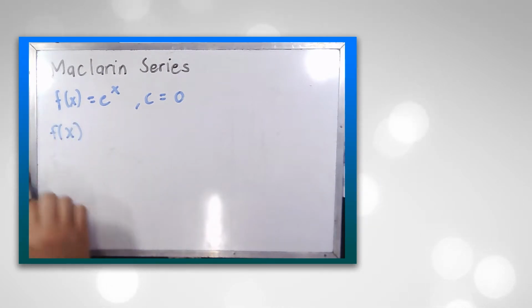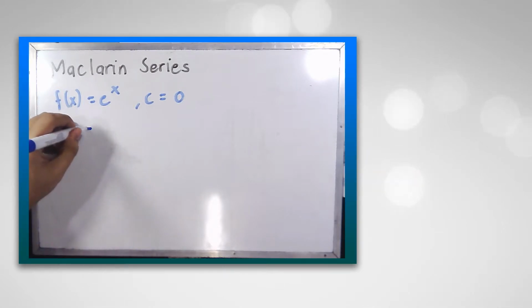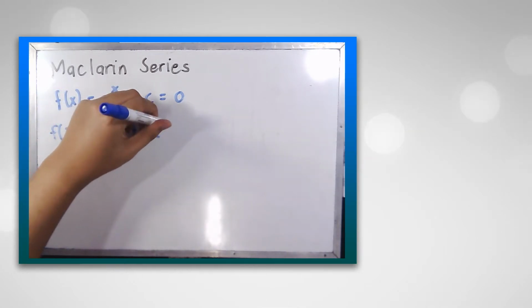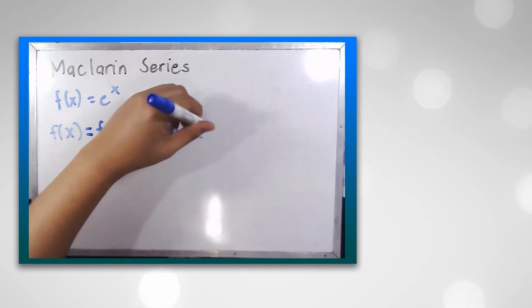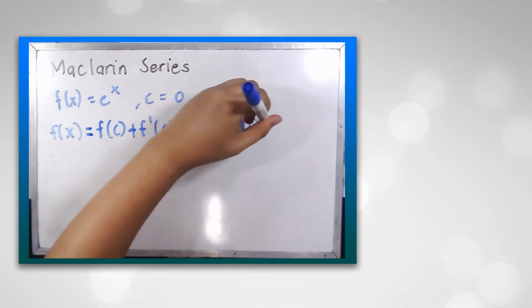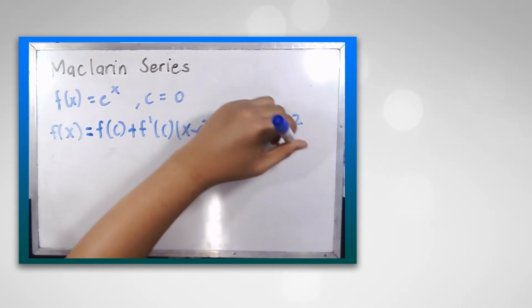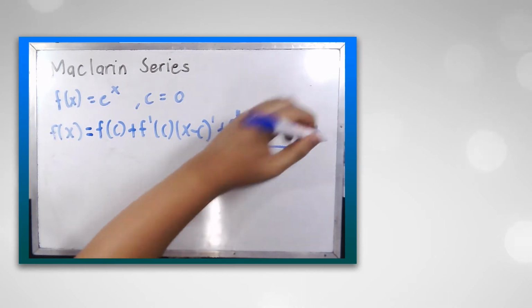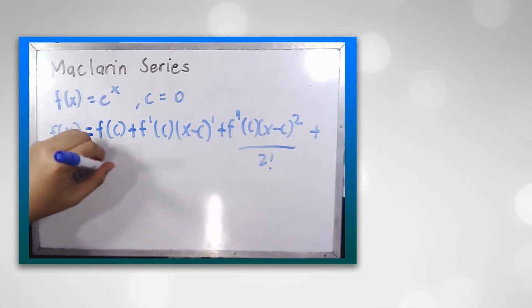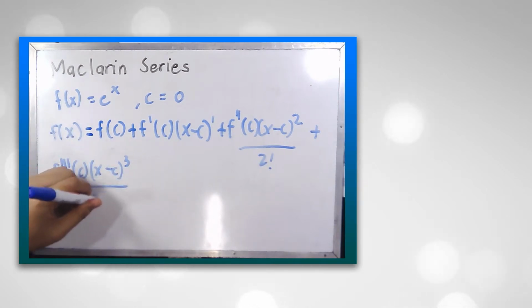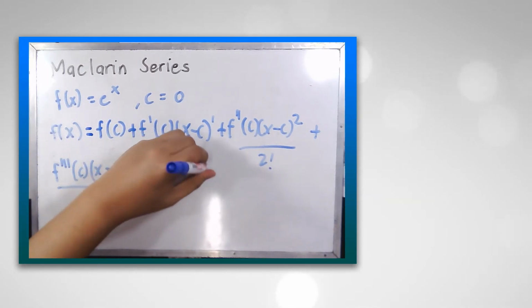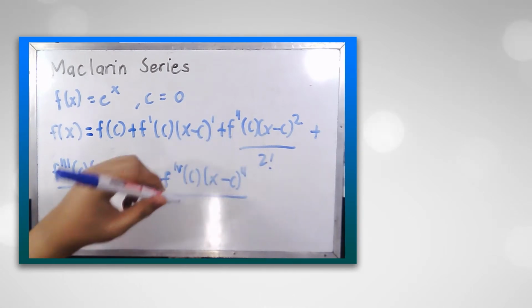f of x is equal to f of c plus f prime of c times (x minus c), plus f double prime of c times (x minus c) squared over 2 factorial, plus f triple prime of c times (x minus c) raised to 3 over 3 factorial, plus f fourth derivative of c times (x minus c) raised to 4 over 4 factorial.